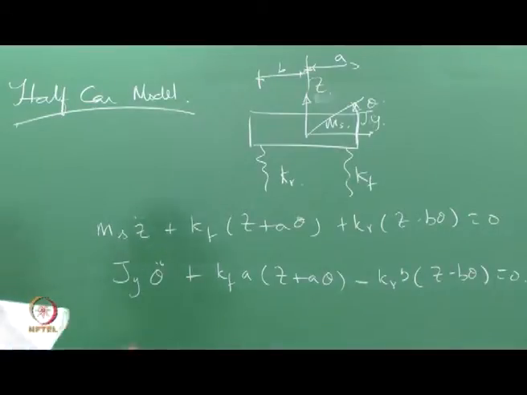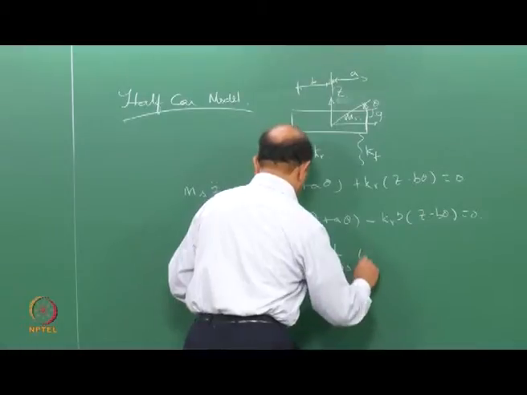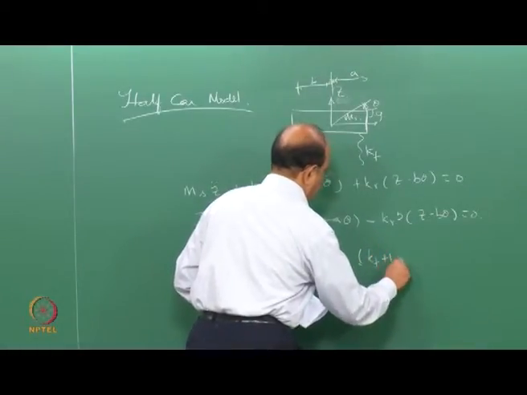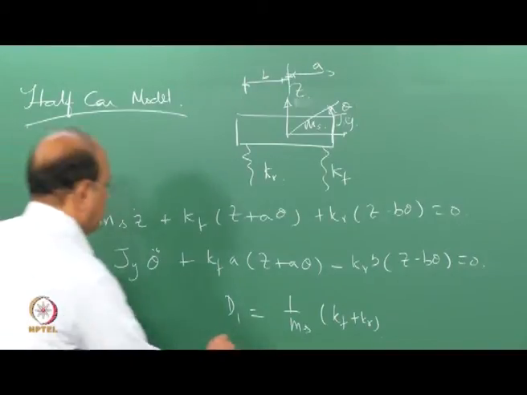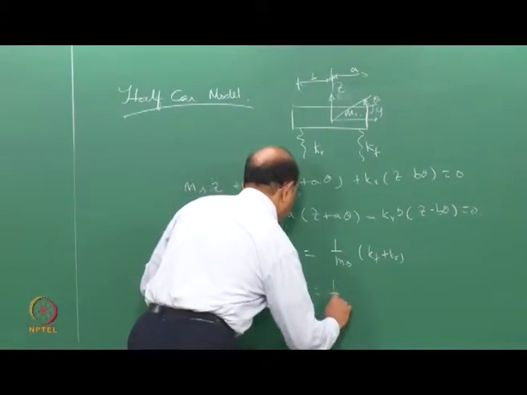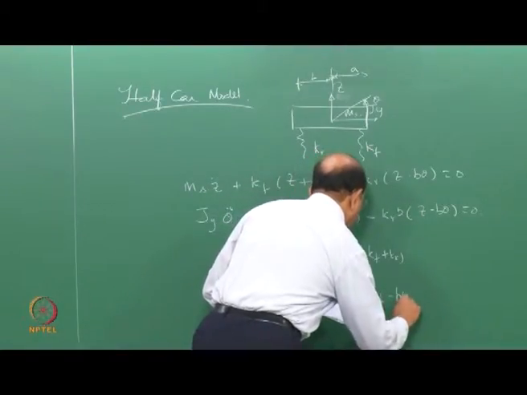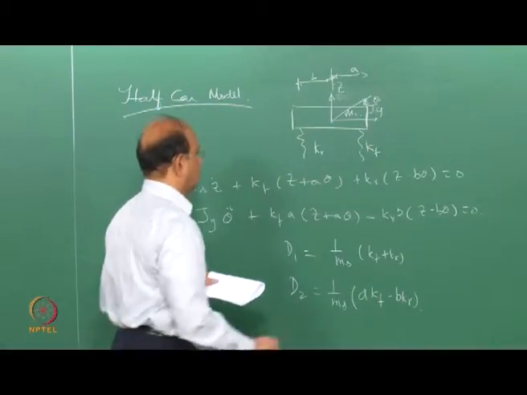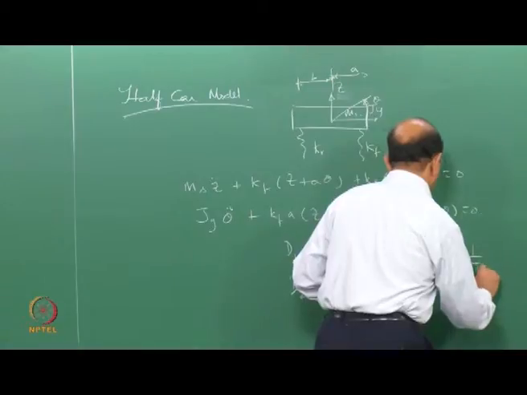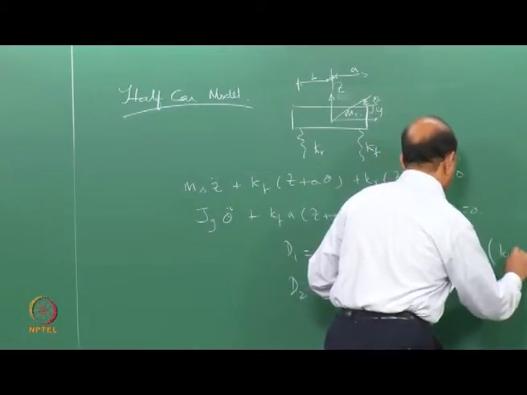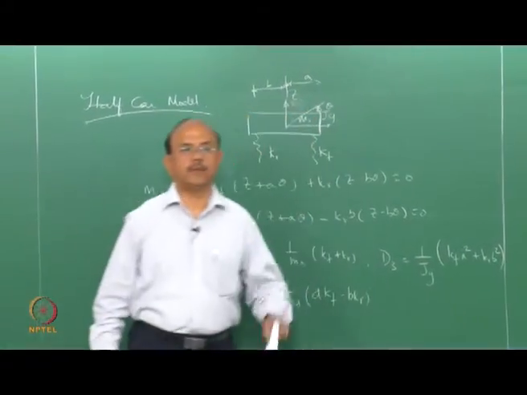Let's call, following Wong, D1 as 1 by ms (Kf plus Kr), D2 as 1 by ms (A Kf minus B Kr), and D3 is equal to 1 by Jy (Kf A squared plus Kr B squared).